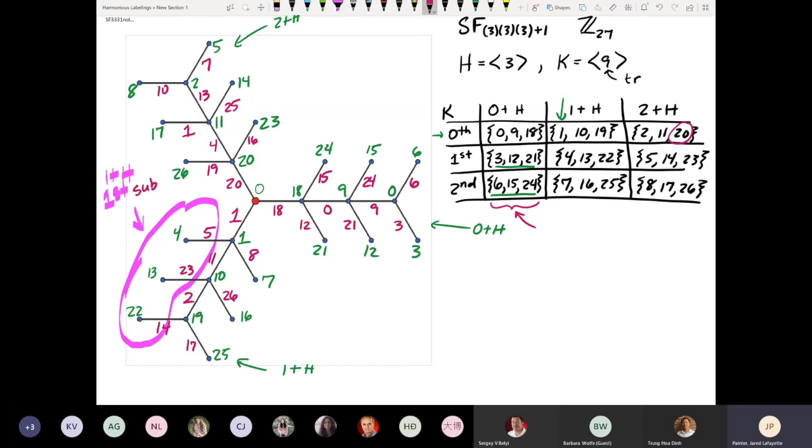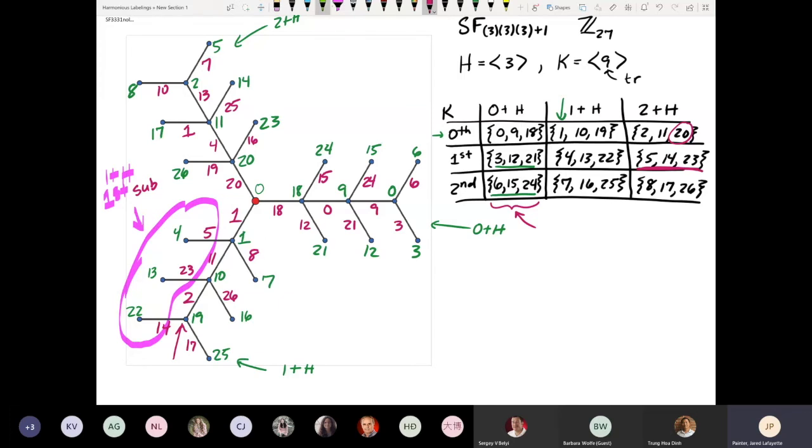And when I add stuff in 1 plus h to the spine elements over here, the middle ones, those are in the 0th subcoset. So you would think if I add stuff in the 0th subcoset to the first subcoset, I get stuff back in the first subcoset of 2 plus h, which you do. You get 5, 23, and 14, which is in 2 plus h in the first position.